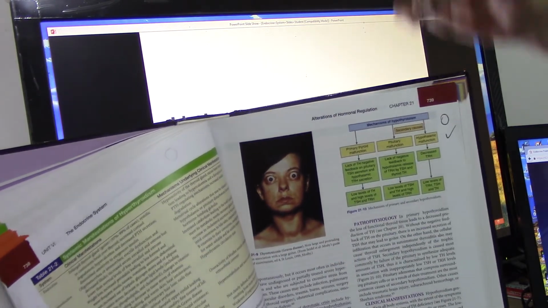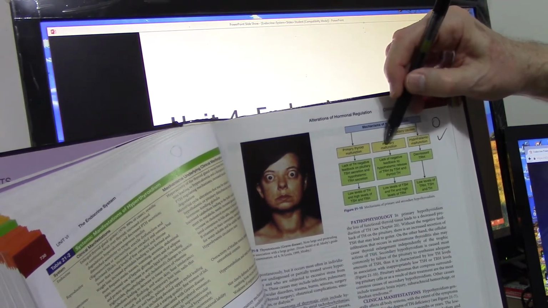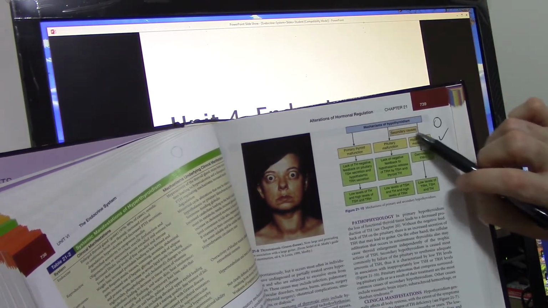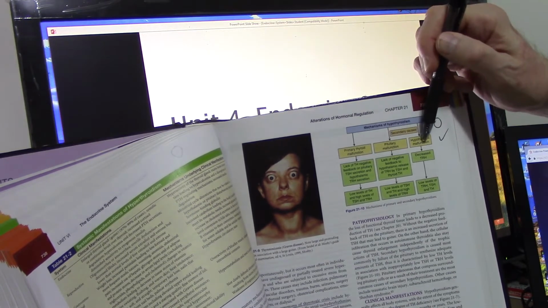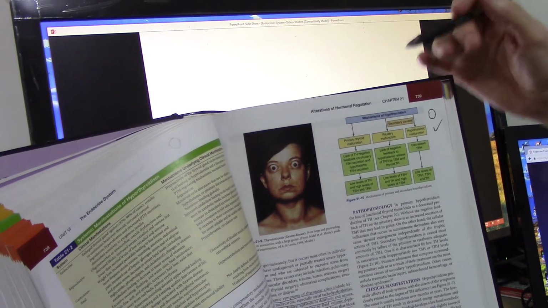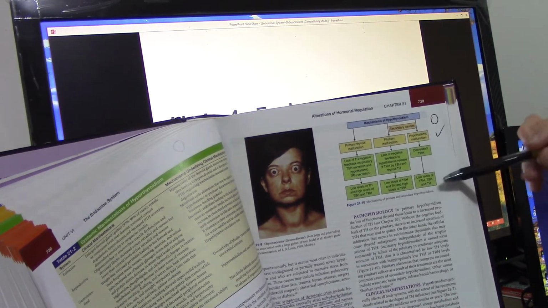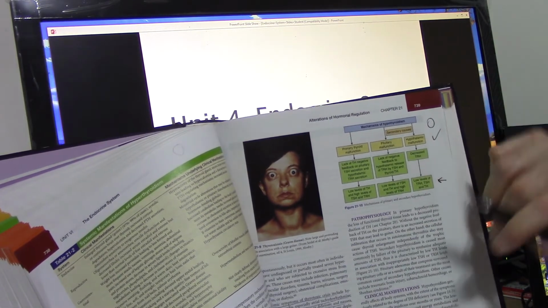But if the problem is up higher at the level of the pituitary, normally that's called secondary. And I notice they've looped them both together as secondary, but I would call this secondary. And then if it's even higher, at the level of the hypothalamus, sometimes you hear that referred to as tertiary hypothyroidism.